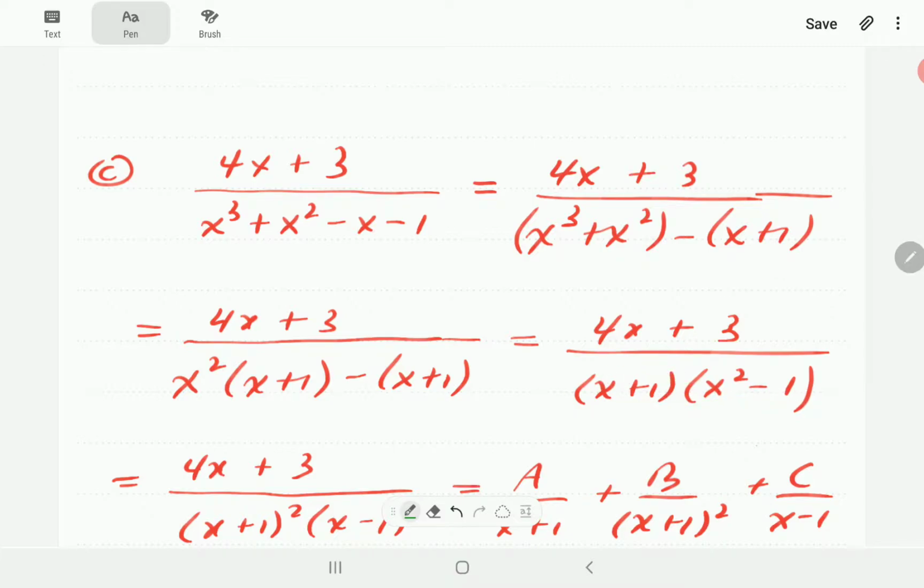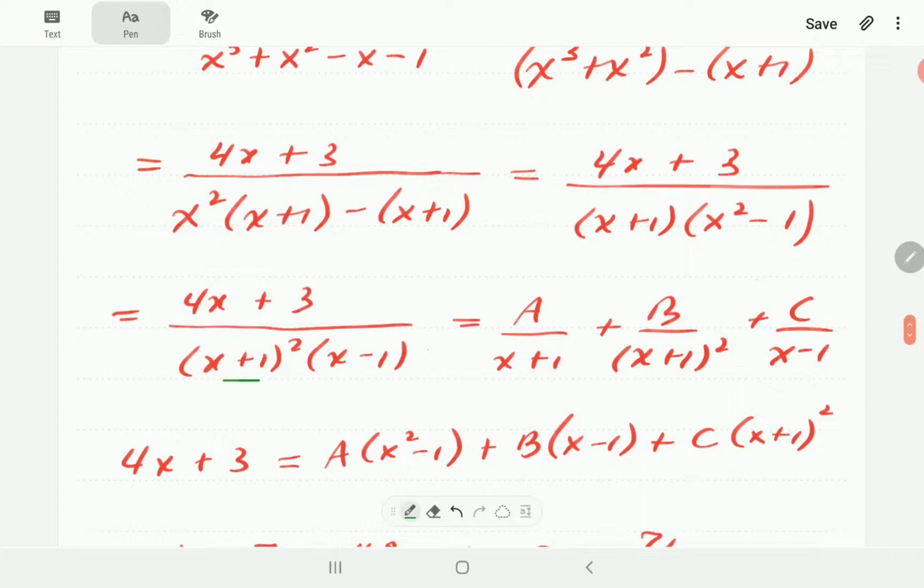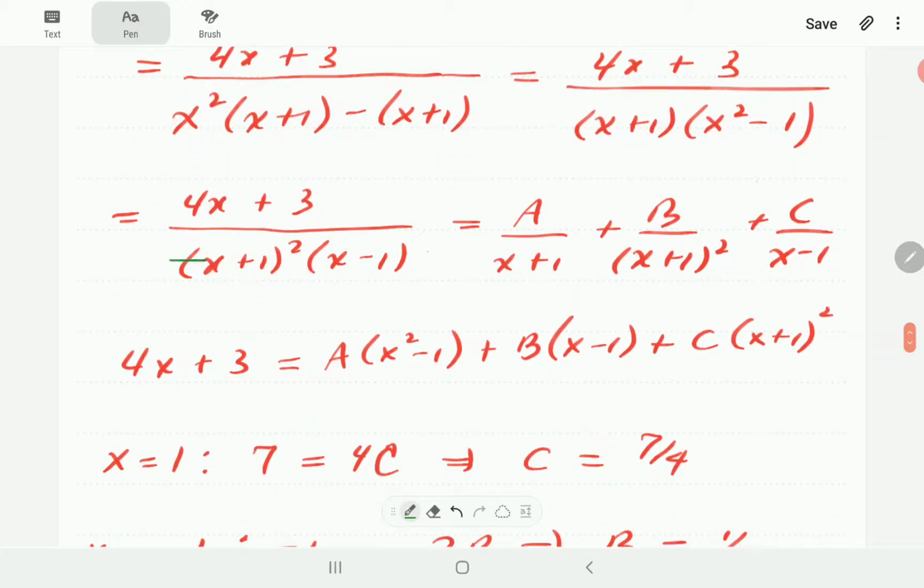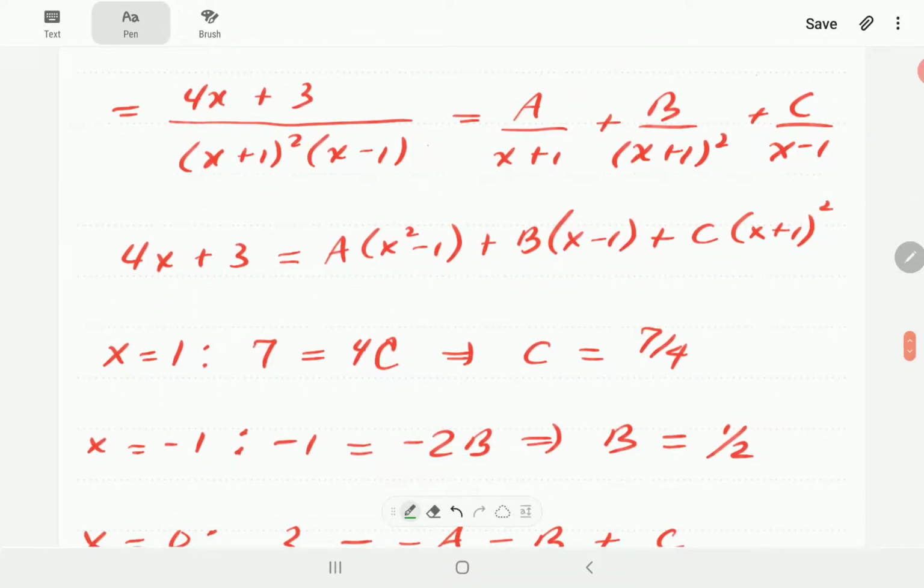So x plus 1 is going to end up being a repeated factor, and so we set up the partial fractions like that. Multiplying through by this clears out the fractions, and we're going to have that.